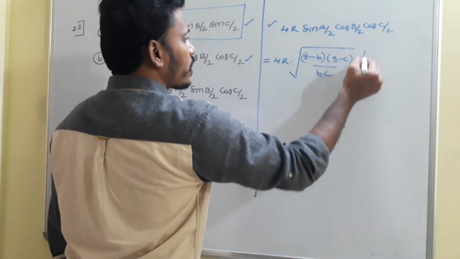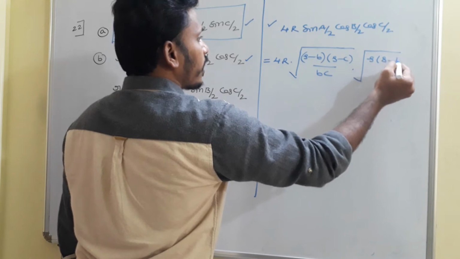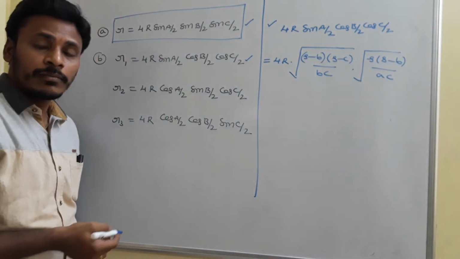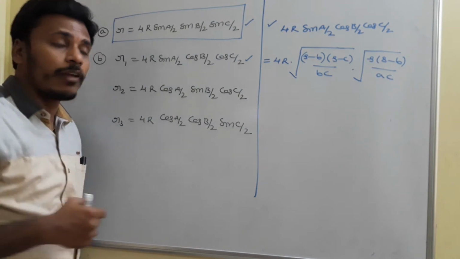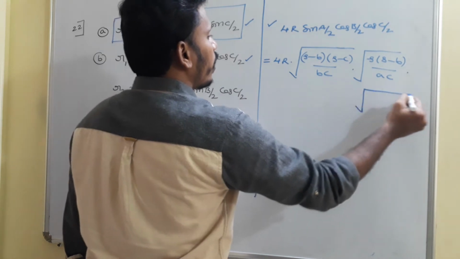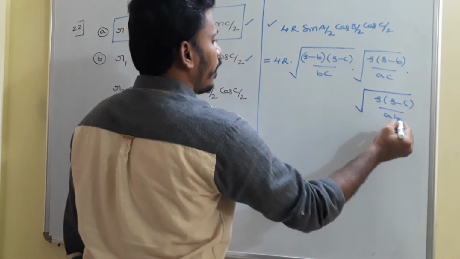Then what is cos B/2? Cos B/2 is the square root of s(s minus b) divided by ac. Is it clear? You need to recall those half angle formulas. Into cos C/2: cos C/2 is the square root of s(s minus c) divided by ab.